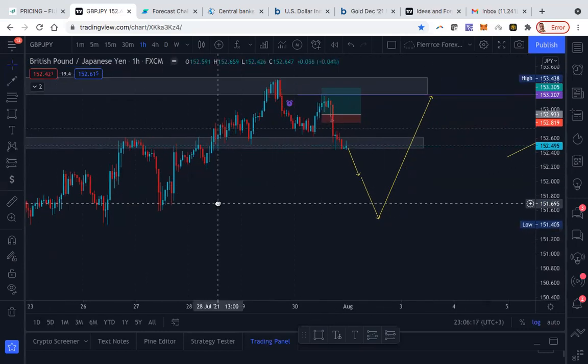So technically, guys, on some pairs we are ranging sideways. We may open lower, but generally, I'm really biased on continuation upside. But I feel like we may open lower at the start of the week on most of these currencies that I've just looked at, including the US 30 index and gold.